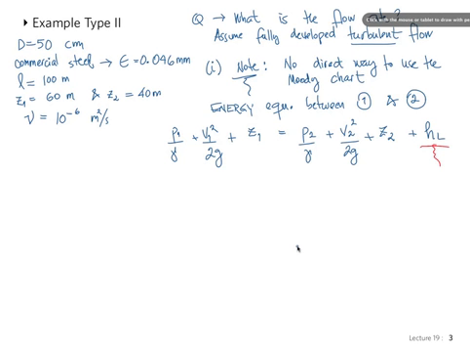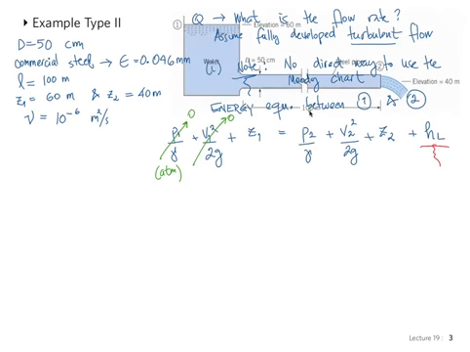What do we have? Point 1 was at the surface of the reservoir. We assume there's a very big reservoir and the velocity is approximately 0 there. So velocity at 1 is 0. This is atmospheric. At point 2, which was at the exit of the pipe, if you noticed in the picture, let me bring it back again. You can barely see it there behind my annotations, but you see that point 2 is at the exit of the pipe.